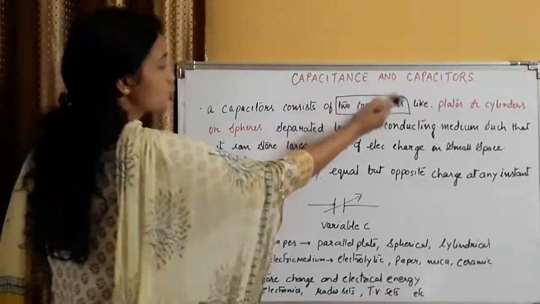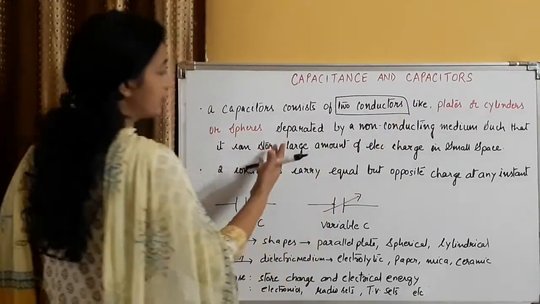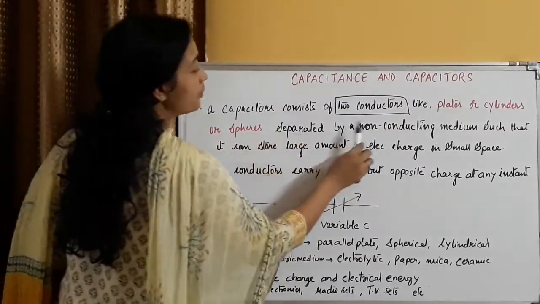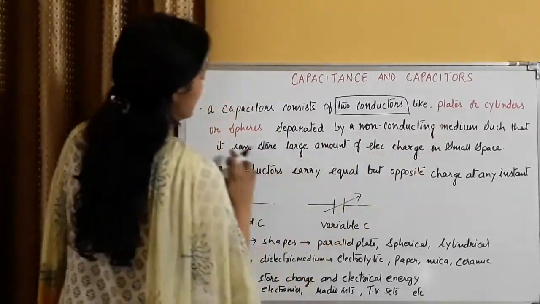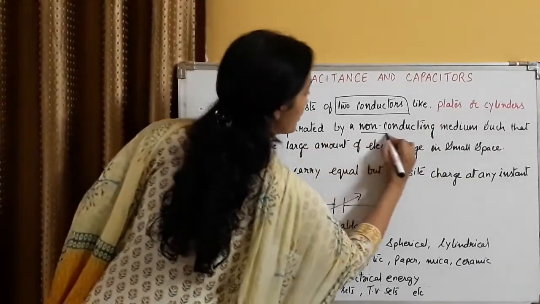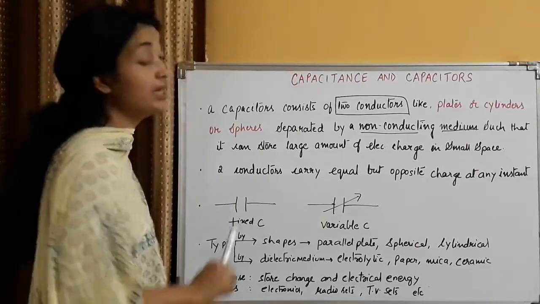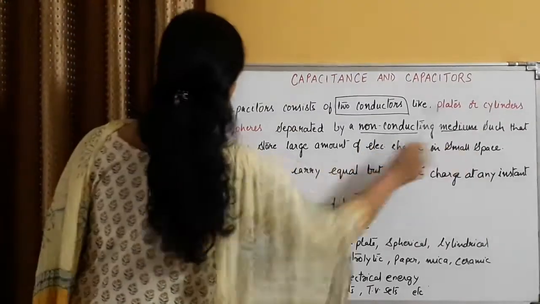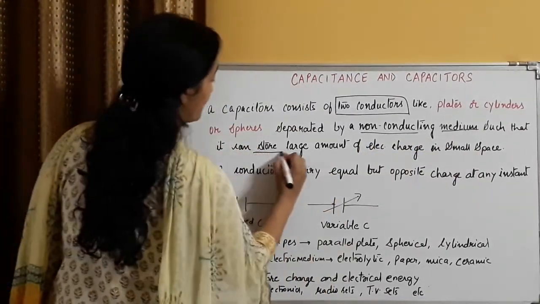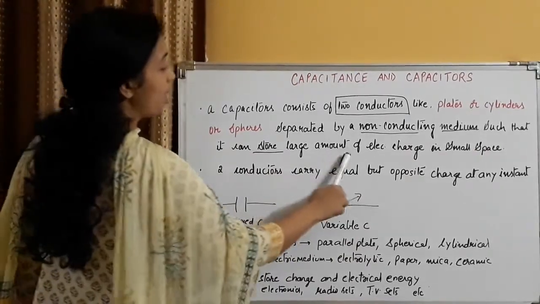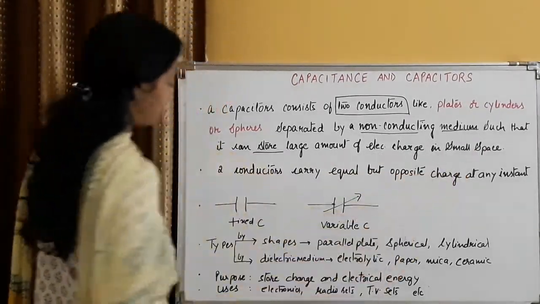So basically it has 2 conductors, they can be plates, cylinders or spheres, separated by a non-conducting medium, such that it can store a large amount of electrical charge in small space.